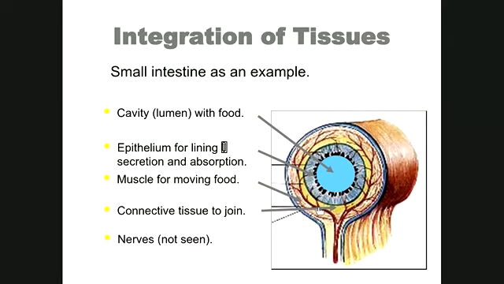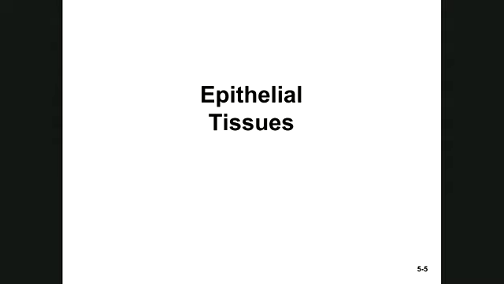And between all of these tissues, we have nervous tissue, which we don't have in this picture, but the nervous tissue can regulate the function of the muscles and the glands in our small intestine. And the first tissue which I want to talk about is epithelial tissue.